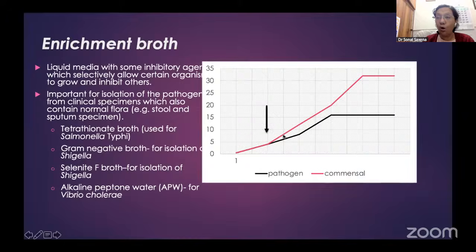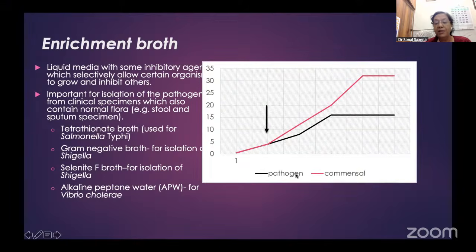This happens in a normal medium and not in an enriched medium. The red line here is commensal, because the number of commensals was so high that they start shooting up. So when you subculture at say 4 hours to 12 hours, you will see a lot of commensal and you will not see any of the pathogen. This happens in a normal media.